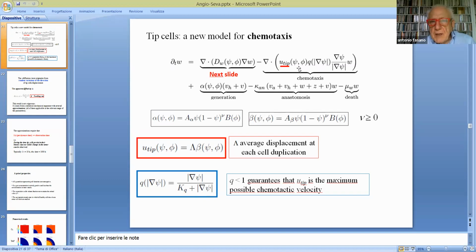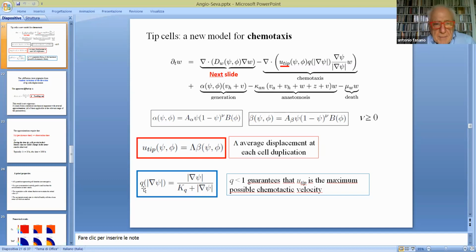And going back to the chemotaxis term, you see here that this is conceived in such a way that this factor Q is by construction less than 1. So we have this factor U tip, which is a maximum velocity that can be attained during this chemotactic displacement.